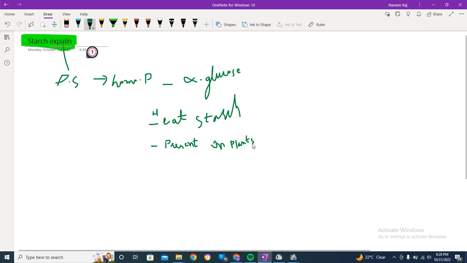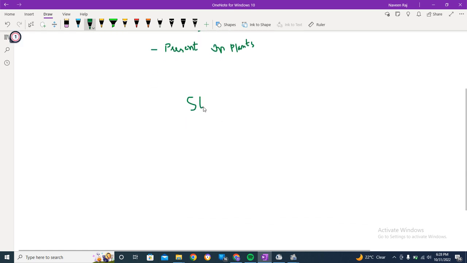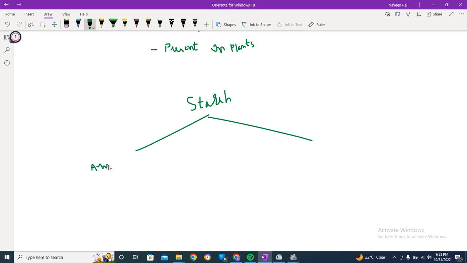The structure of starch consists of two parts. Number one is amylose, and number two is amylopectin.